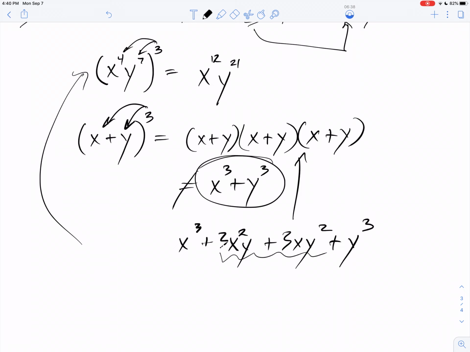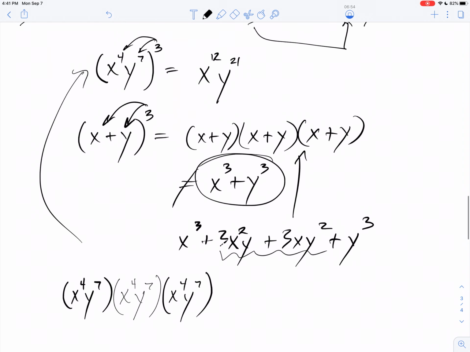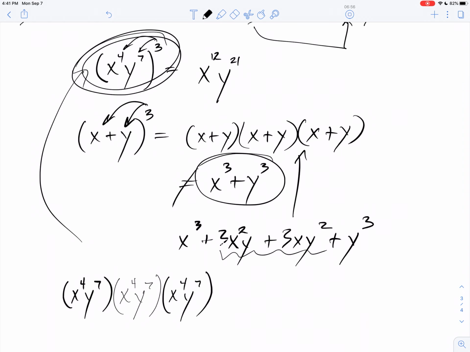Well, let's examine that. If I had x^4 y^7 times x^4 y^7 times x^4 y^7, that would be the same thing as this. But see, these are not binomials. I don't have to FOIL any of this junk.